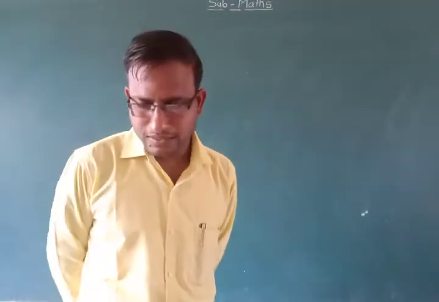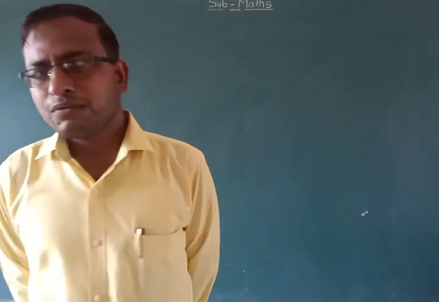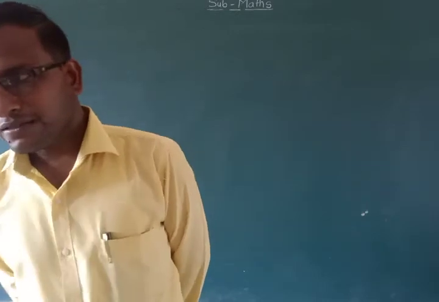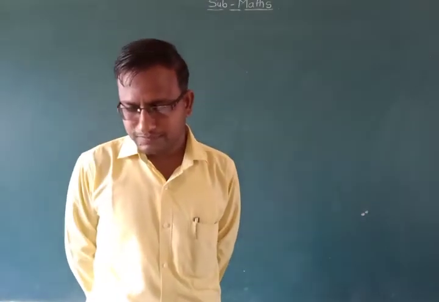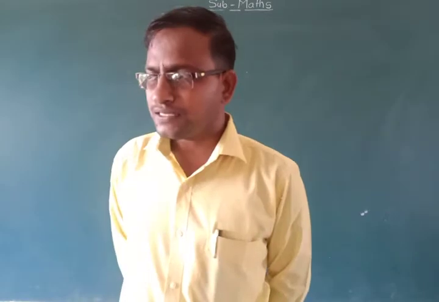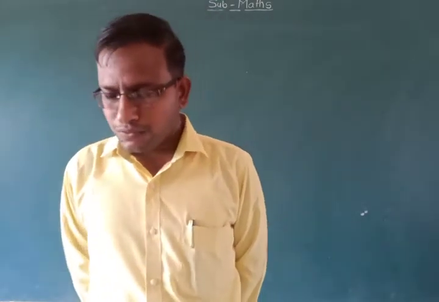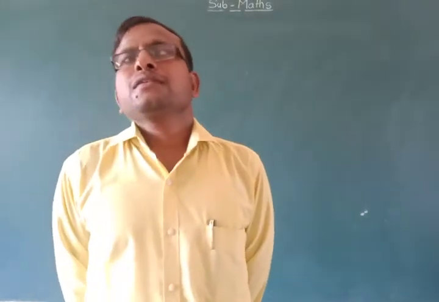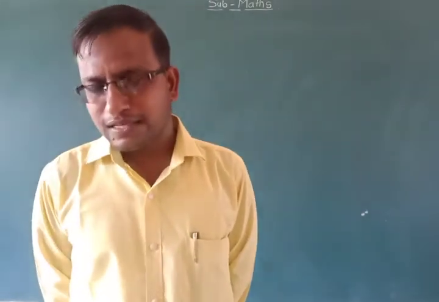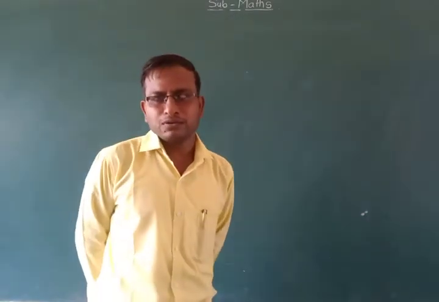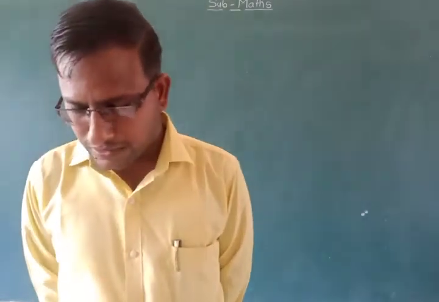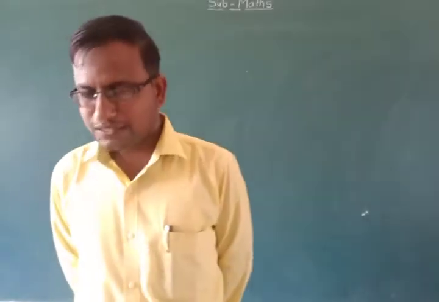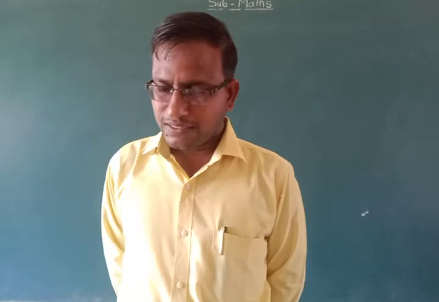For example, if the age of a boy is 7 years and that of his father is 35 years, we do division here. Father's age upon son's age, 35 upon 7, 5 sevens are 35, so 5. So we say that father's age is 5 times that of son's age.